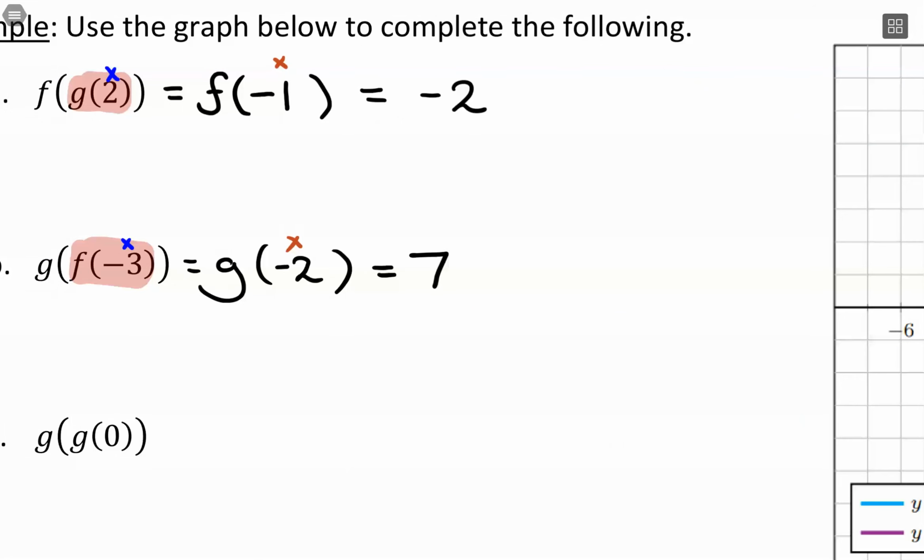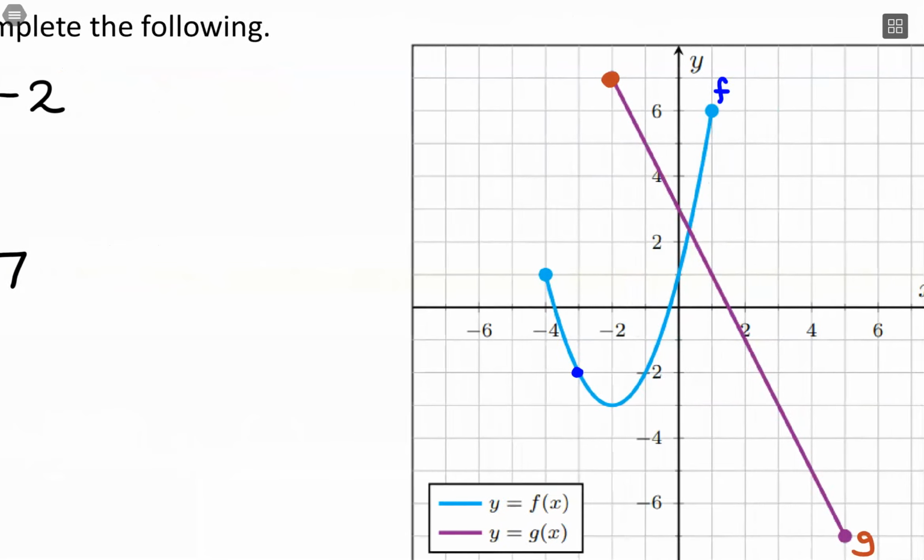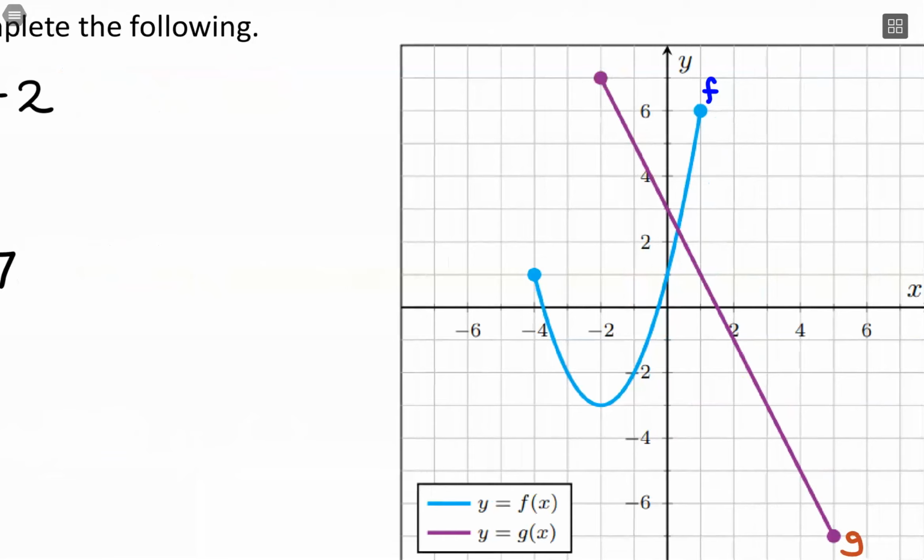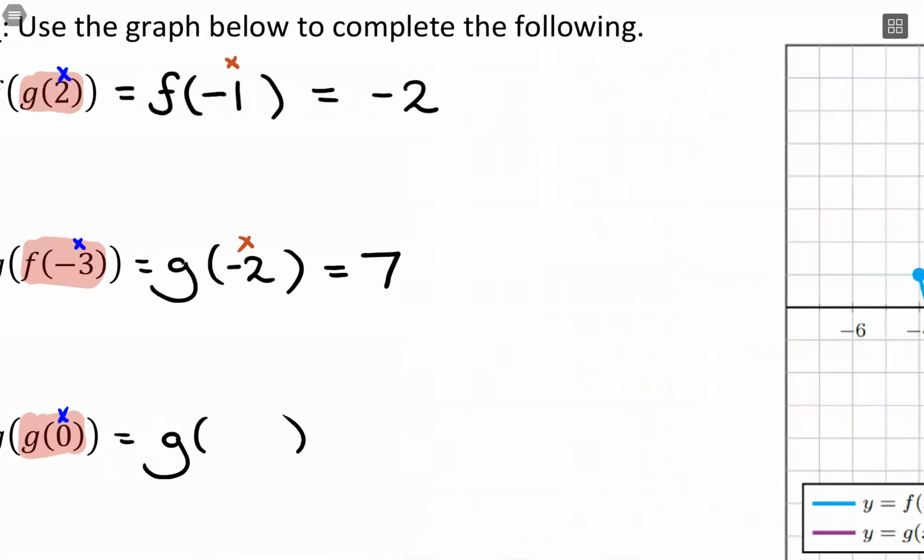Next, g of 0. I'm going to look at x equals 0 and see where my function g of x is. So I'll go to x equals 0 and then look at g of x, which is up here at positive 3. So I can replace g of 0 with 3.